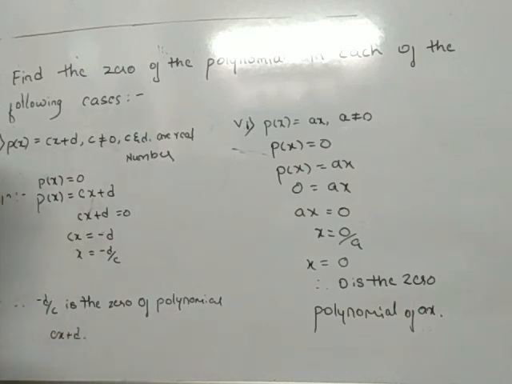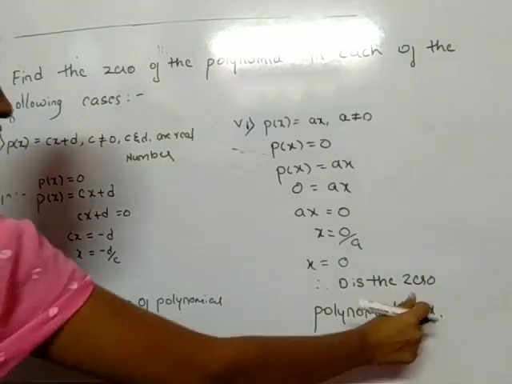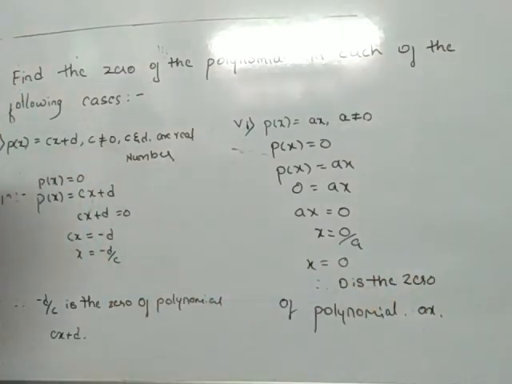Here also same thing. 0 is the zero of the polynomial ax. Right? Okay, this completes your exercise. Second exercise.